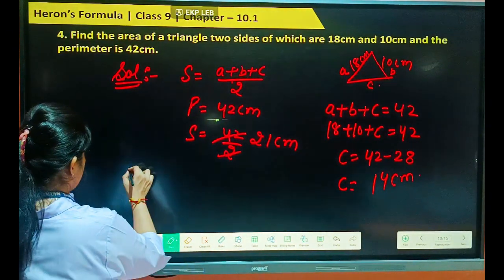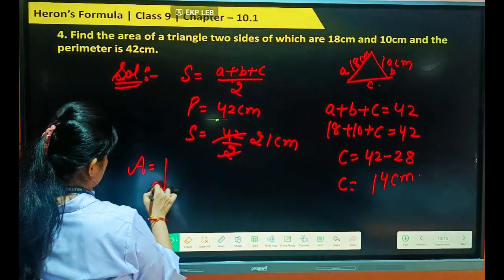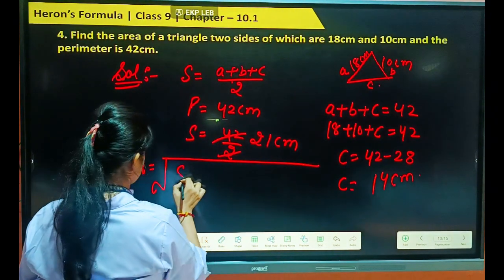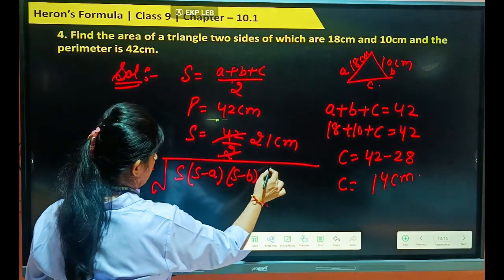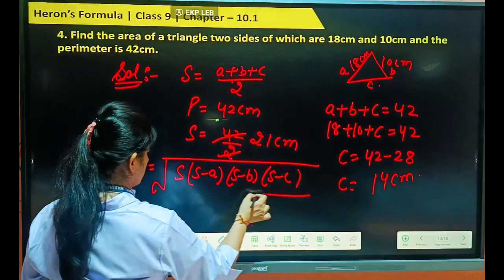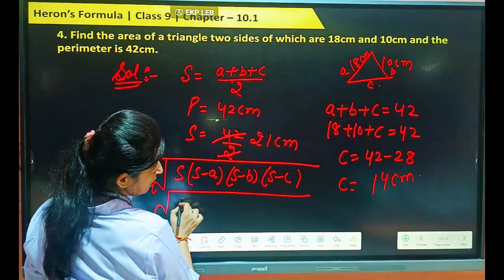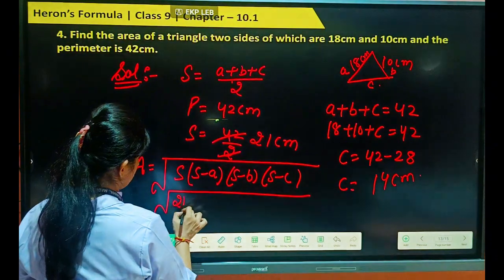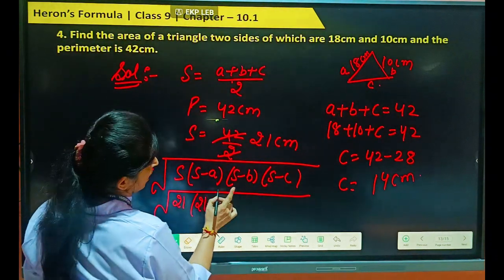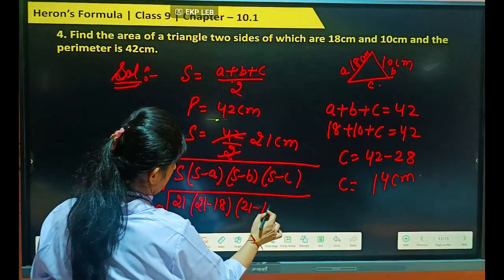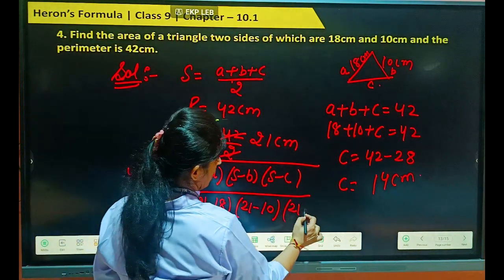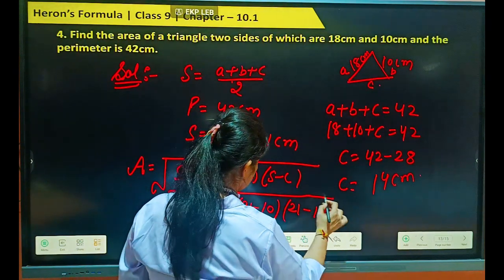Now we will apply the area formula, that is root of s, s minus a, s minus b and s minus c. S is 21. 21 minus a is 18, 21 minus b is 10 and 21 minus c is 14.